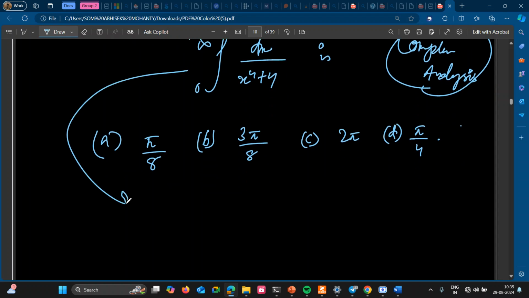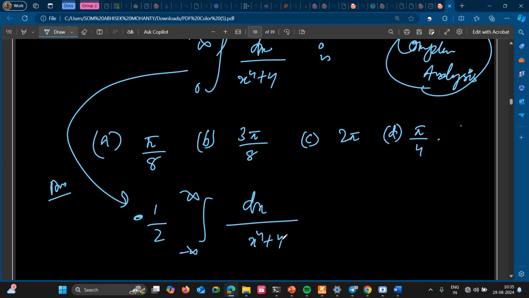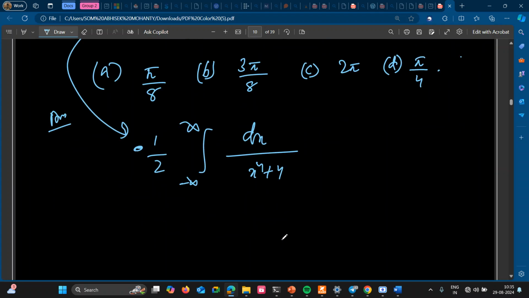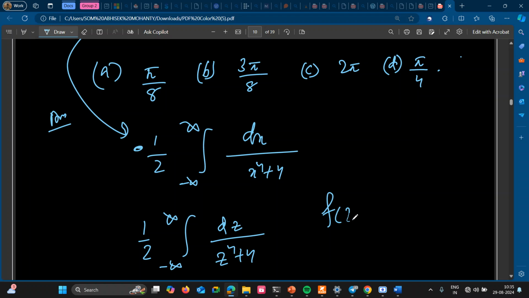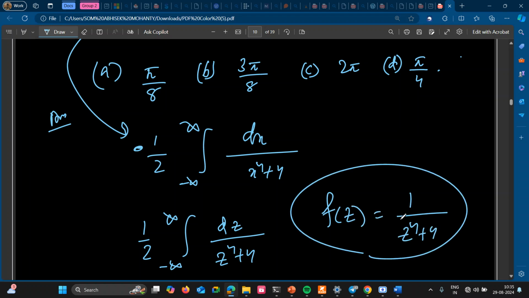So this integration can be written as 1 by 2 integral from minus infinity to infinity of dx by x to the fourth plus 4. In the complex chapter we usually write it with z. So dz by z to the fourth plus 4. So f of z is 1 by z to the fourth plus 4, right? So this is the function.